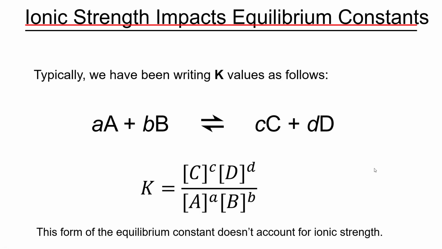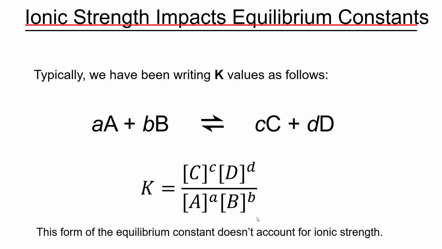This is the form of the equilibrium constant that you've always been taught in general chemistry, or most people are always taught in general chemistry. But this form of the equilibrium constant is only a good quantitative approximation of chemicals' equilibrium behavior if the ionic strength of solution is zero.